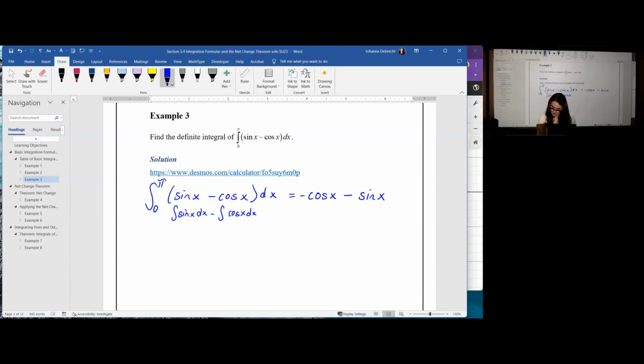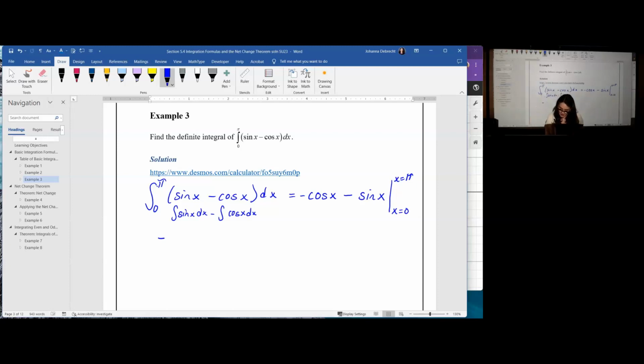This is a definite integral, so we're going to evaluate between x equals 0 and x equals pi. In order to evaluate, I'm going to follow the second method since I think that one is actually a little bit simpler, and it will allow me to factor the -1 out of each individual term.